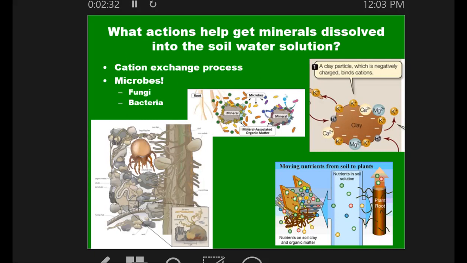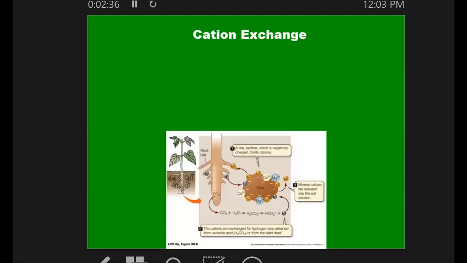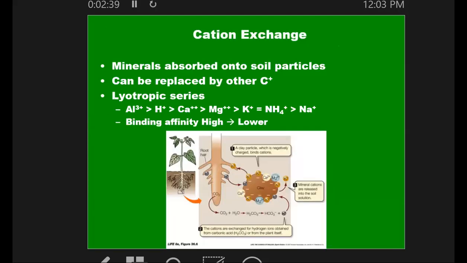So this idea of cation exchange, we talked about a little bit already. I believe this is where we left off, where you have these minerals, these cations, bound to the soil particles, and chemists have figured out which ones have higher binding affinity for these negative charges and which ones have lower binding affinity.